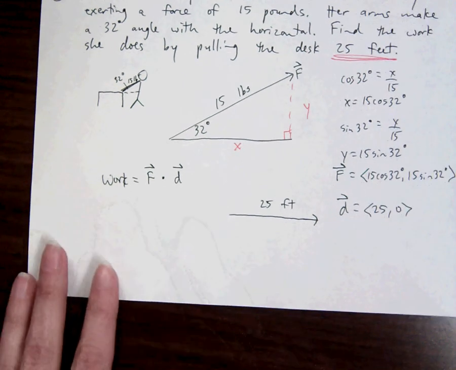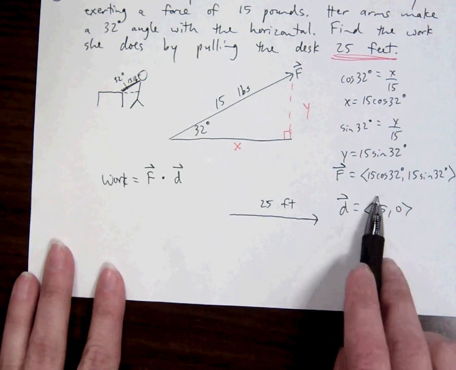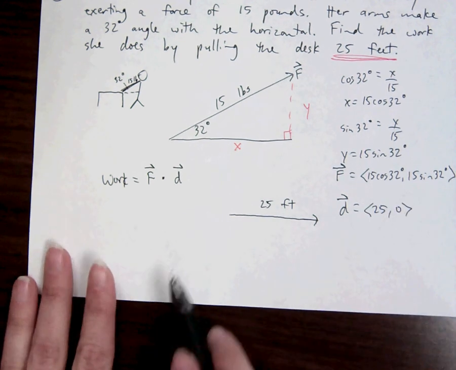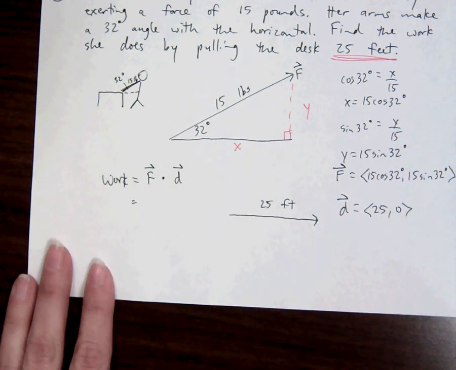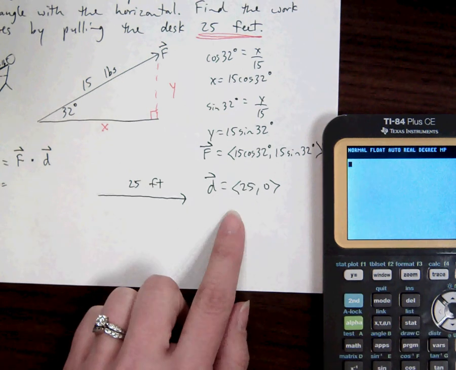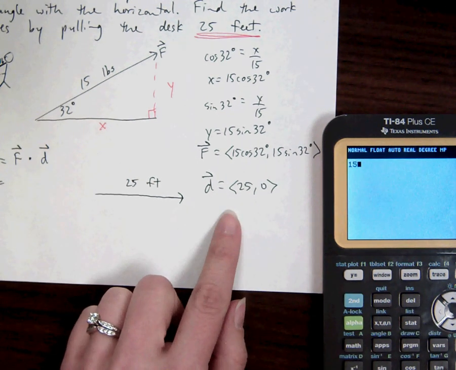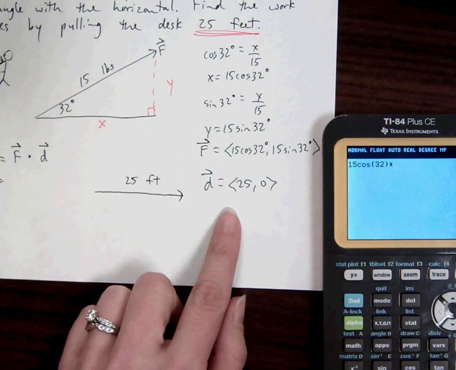I'm going to do their dot product. Remember, for the dot product, I multiply the horizontal components, I multiply the vertical components, and I get an answer. So in my calculator right now, I'm going to multiply the horizontal components, so 15 cosine 32, make sure you close that parenthesis, times 25.